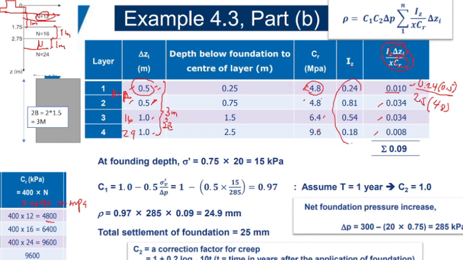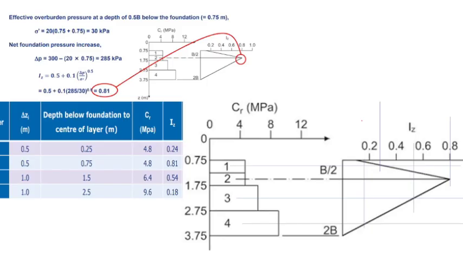But first, let us find how to get the value of IZ for each layer. Okay, as I said earlier, we have to redraw and find these values. If our graph is drawn to a scale, we can get exactly these values.